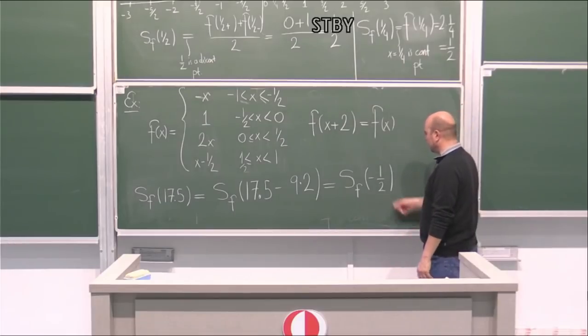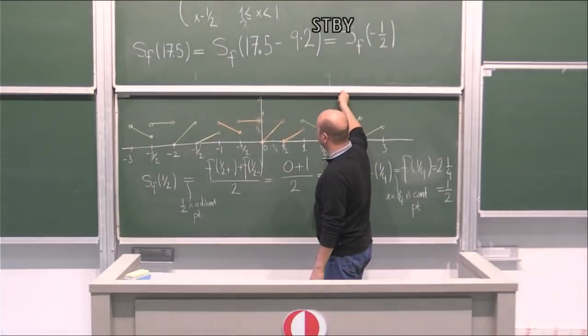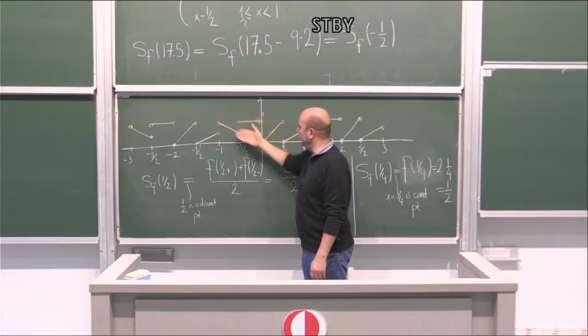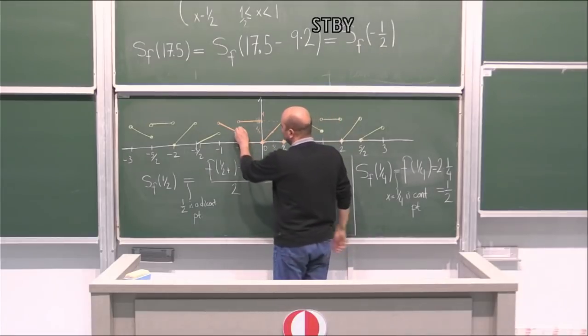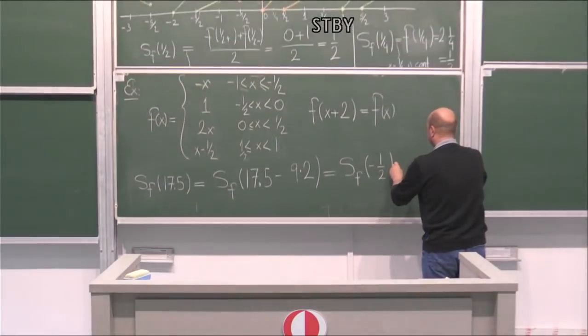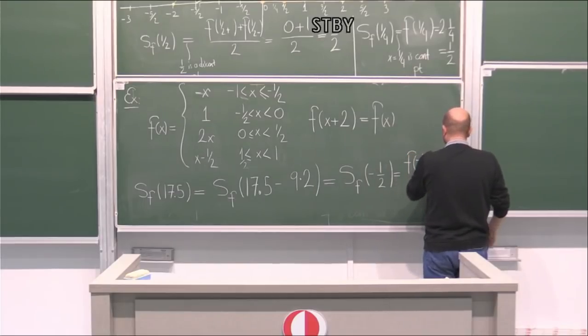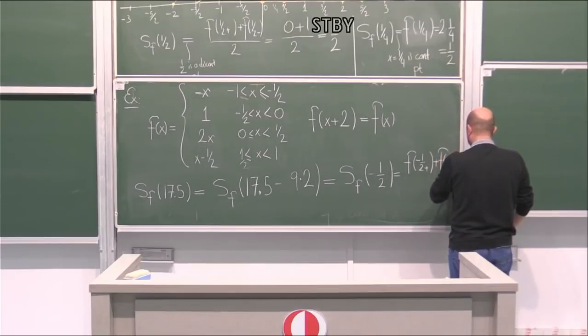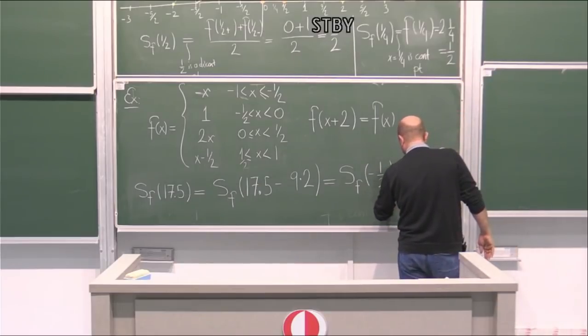So now if you look at minus 1 over 2, we are here. So right limit, left limit, they are not same. It's a jump discontinuity, so I have to take their average. If you look at the average, it is the mid value here. So it is f of minus 1 over 2 plus, plus f of 1 over 2 minus, divided by 2, because minus 1 over 2 is a discontinuous point.